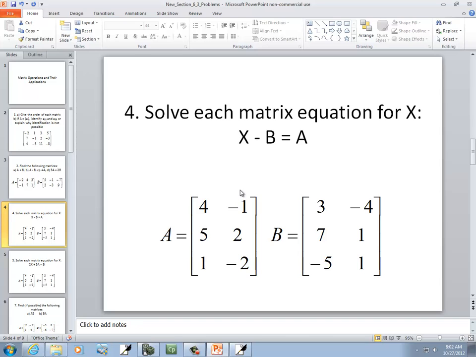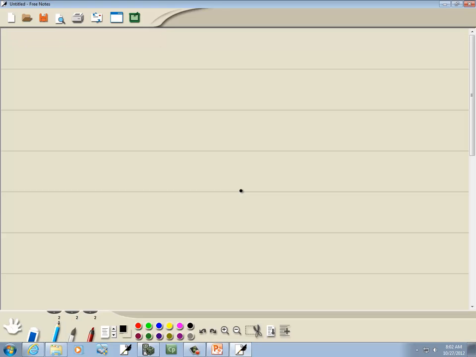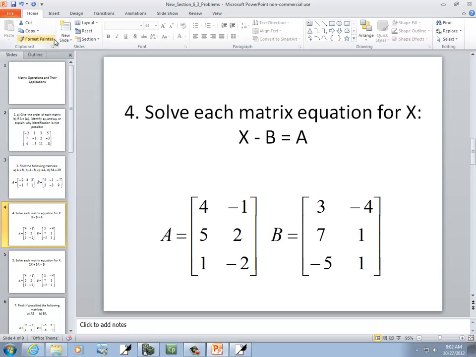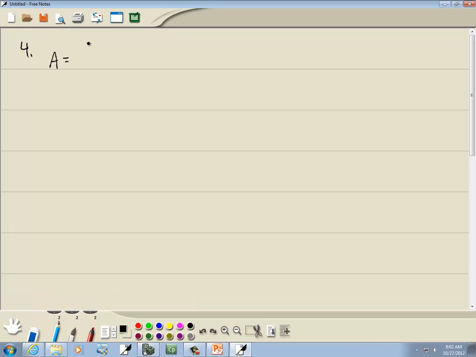So we've got A is equal to 4, negative 1, 5, 2, 1, negative 2.